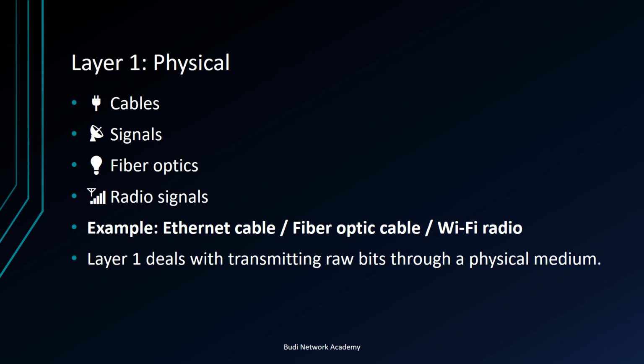The physical layer is responsible for transmitting raw bits across the physical medium. For example, when data travels through an Ethernet cable or through a fiber optic cable, layer 1 is involved. A simple way to remember layer 1 is physical layer equals cables, signals, and bits.